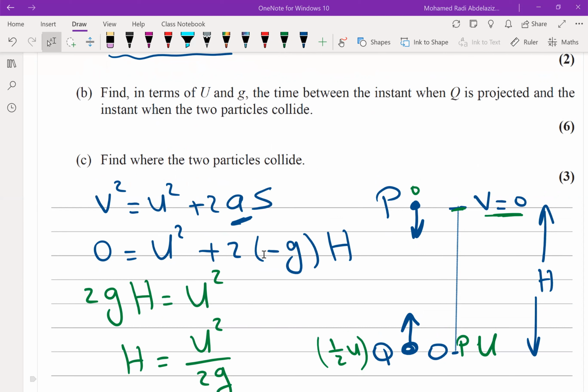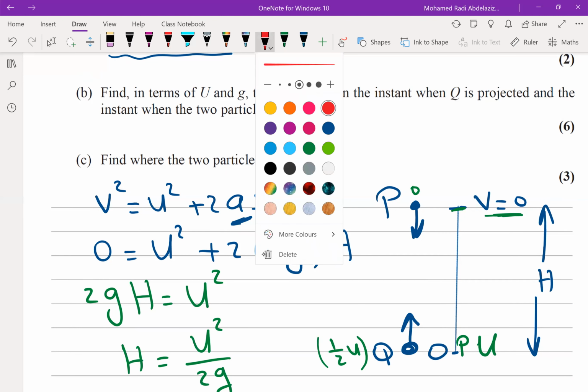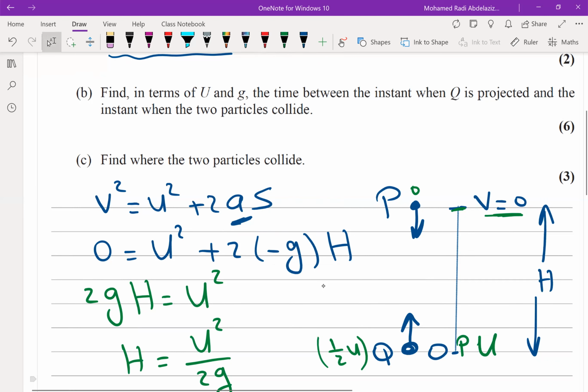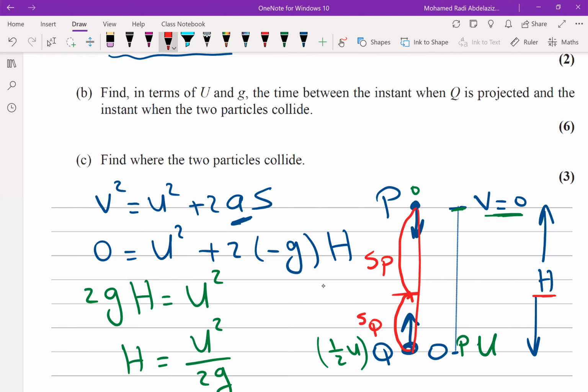Part B: find, in terms of u and g, the time between the instant when Q is projected and the instant when the two particles collide. So when you project the particle Q, let's say they collide at this point. The displacement of P and the displacement of Q added together have to equal the height h.